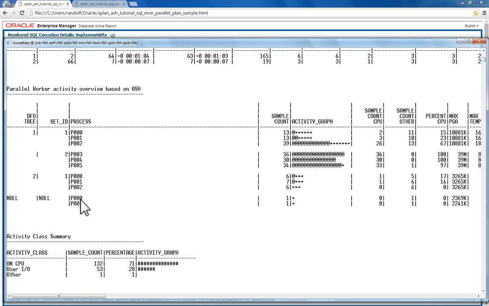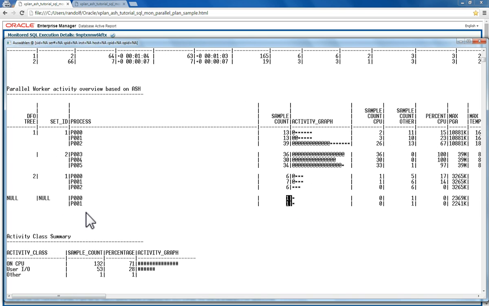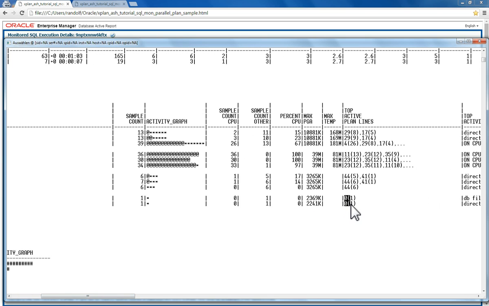Usually you shouldn't find too many of them, like here we just have one sample each with this execution plan line 0, but there are cases, for example, if you run into bugs with parsing where processes spend a lot of time in cursor mutex contention, like cursor: pin S wait on X for example, then you might even end up with more of these samples that might even show up here with no plan line information at all, like plan line null would then show up here.